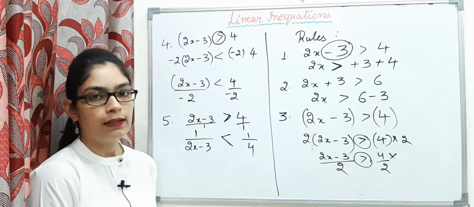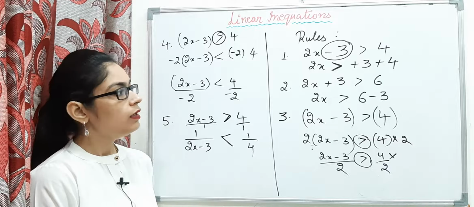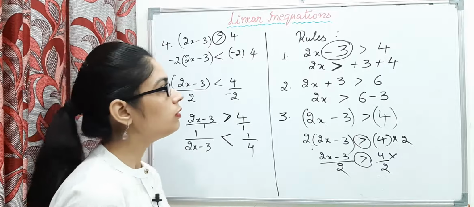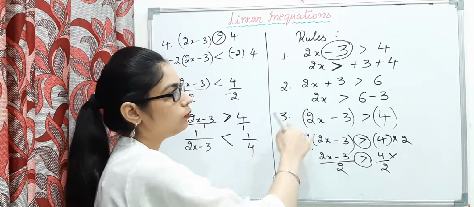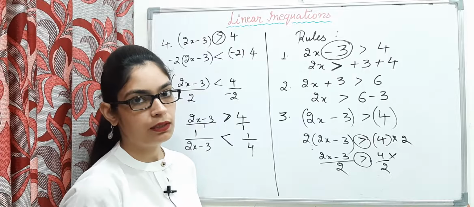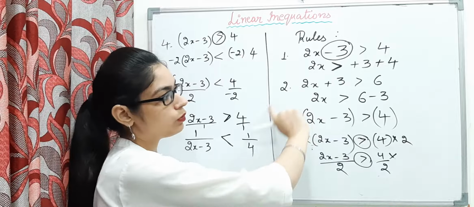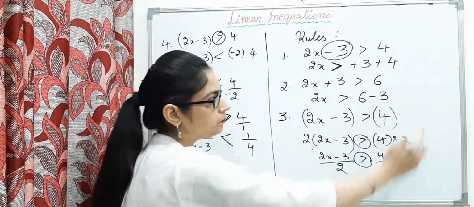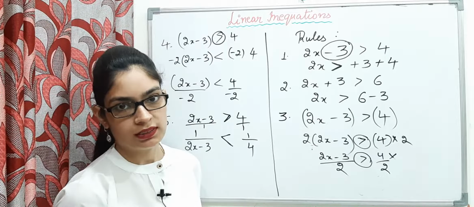I will recap all the rules once again, and you will understand them better when we do the questions. The first two rules are very similar to the rules when we solve linear equations. A negative number, if we shift it to the other side, changes to a positive number.